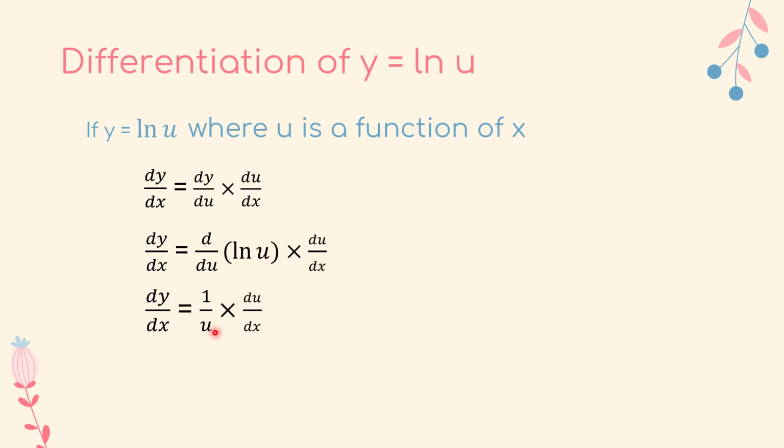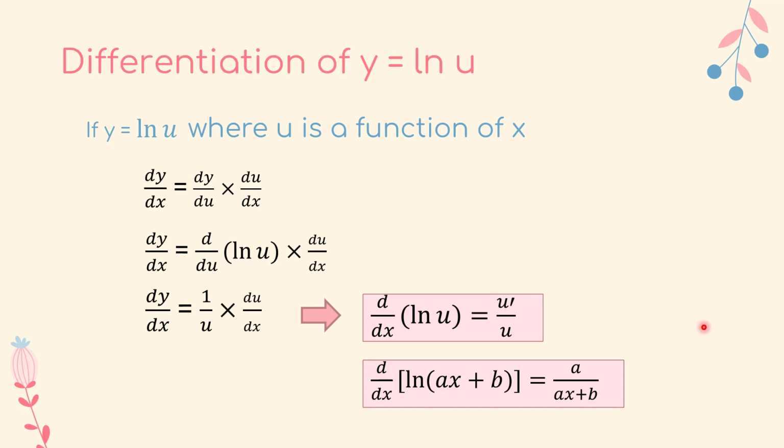The derivative of ln u is 1 over u, multiplied by du/dx, or we can have u prime divided by u for the derivative of ln u. If u is ax plus b, the derivative of ln(ax plus b) becomes a divided by ax plus b.